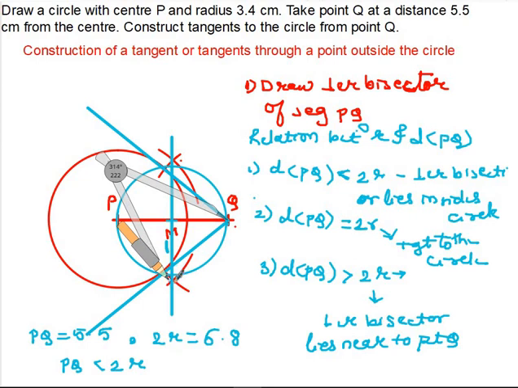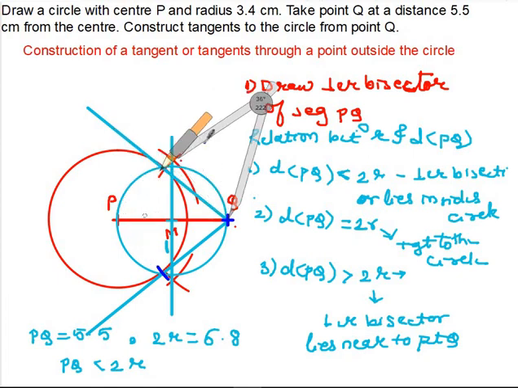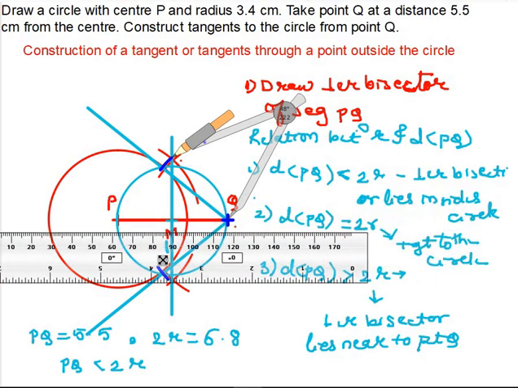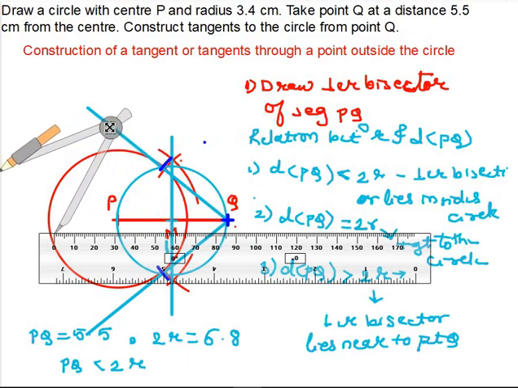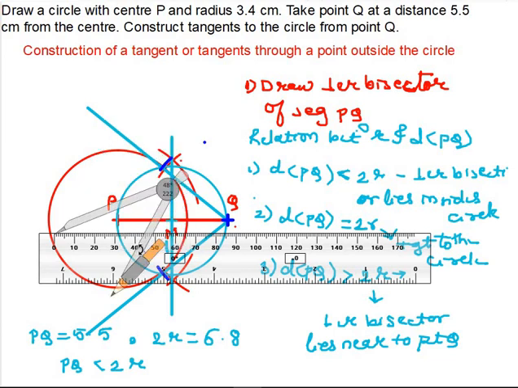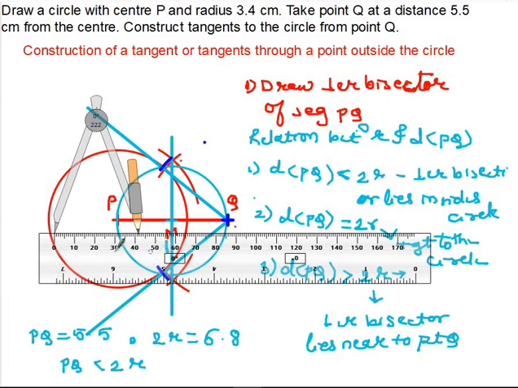So I make two arcs here again, and then one more arc here, and with the help of the scale, keeping the scale here, you can see that the length of the two tangents is 4.2 centimeters.